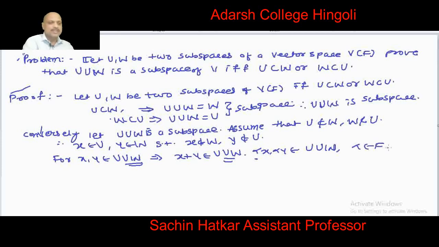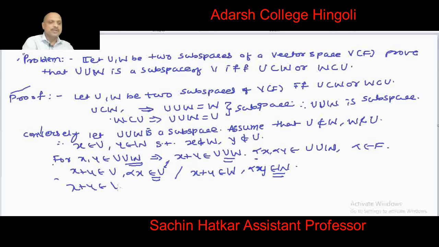Now there are two possibilities. Either x plus y belongs to U, and alpha x belongs to U since x belongs to U. Or x plus y belongs to W, and alpha y belongs to W since y belongs to W. For preciseness, we consider that x plus y belongs to U, and alpha x is a member of U for all values of alpha, a real number. So choose alpha equal to -1.